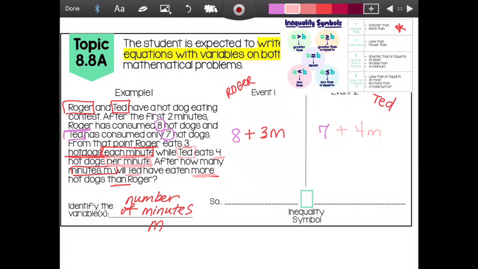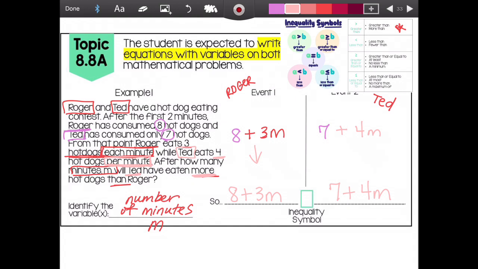So it's saying that Ted has eaten more. When we're writing our inequality sentence, we said it's going to be the greater than symbol, but since Ted has eaten more hot dogs, the inequality mouth has to open to Ted because his is larger, or greater than. So I bring this down, 8 plus 3m, and then I bring Ted's side down.